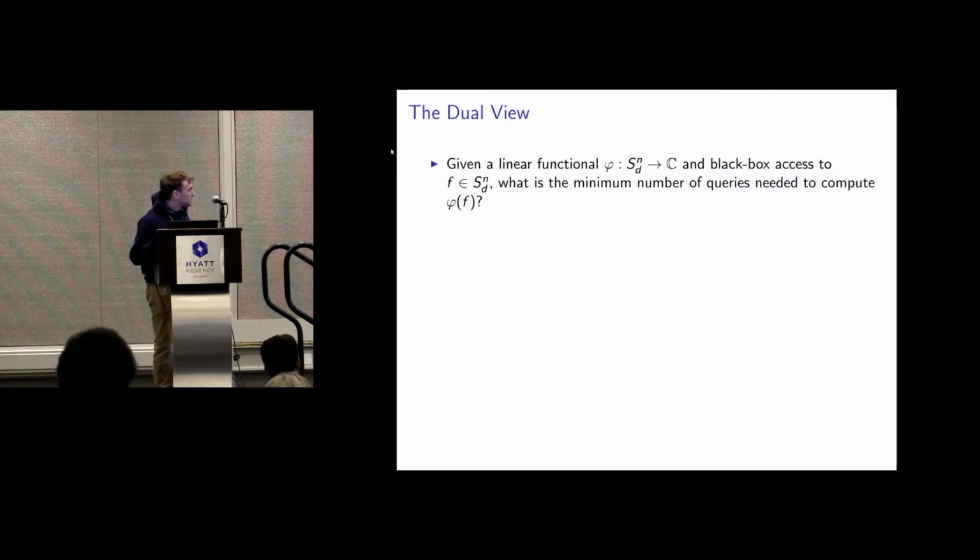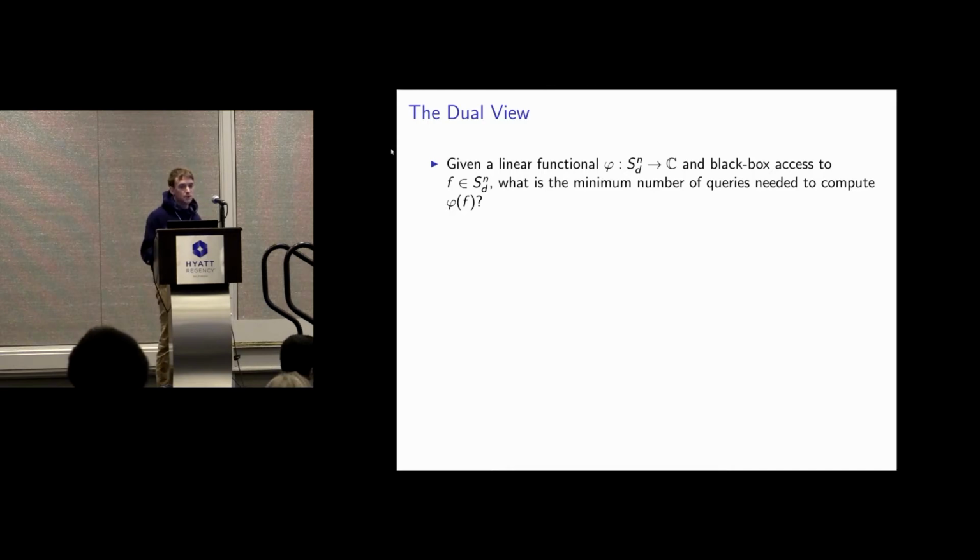So I'm interested in Waring rank in this talk in the context of the following problem. Say you have some linear functional on the vector space of homogeneous degree d polynomials in n variables. And you're given black box access to some element of this vector space, to some polynomial. And we'd like to evaluate the linear functional at this polynomial.